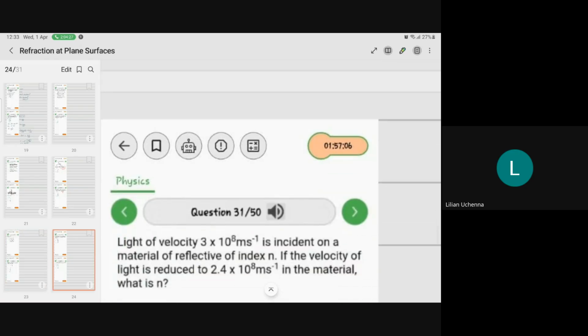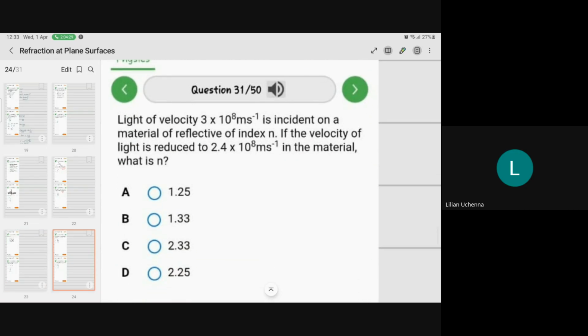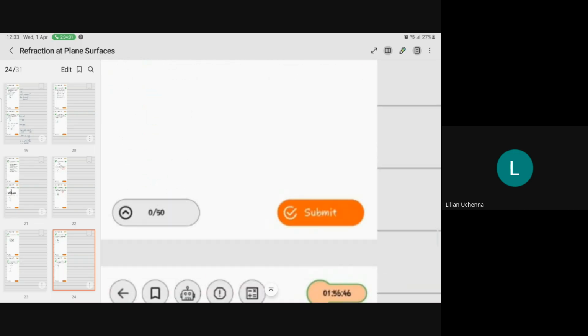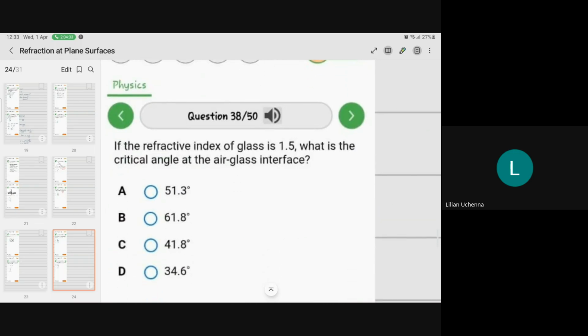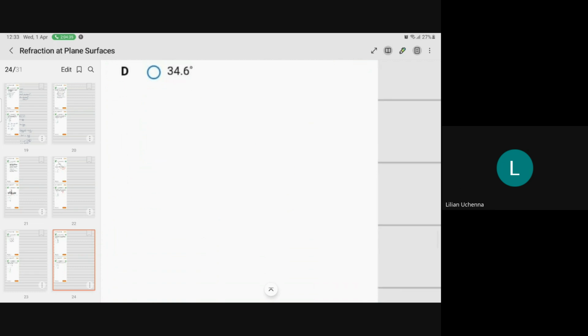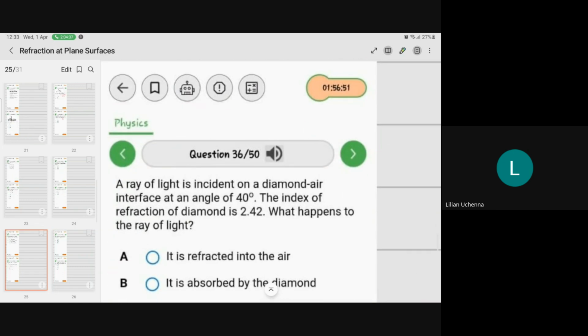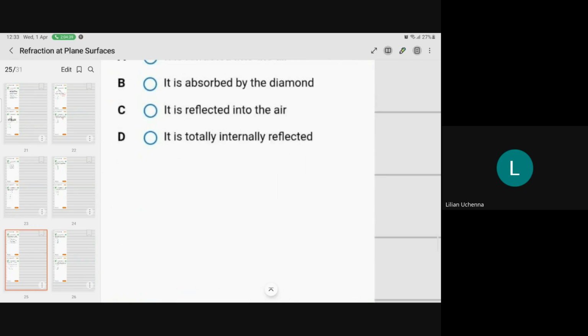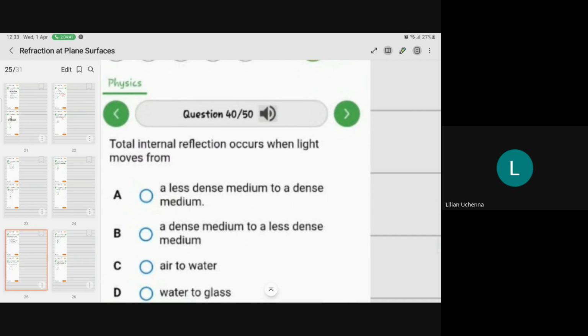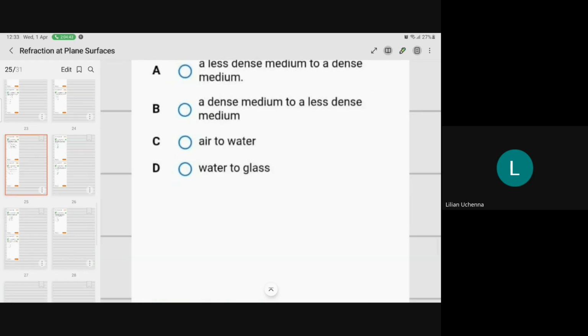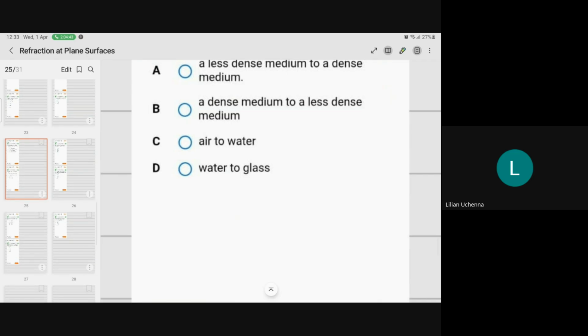Mr. Kunle, your assignment: velocity of light, critical angle, total internal reflection. So all of these are your assignment.